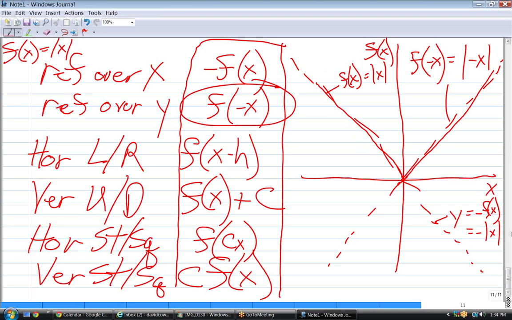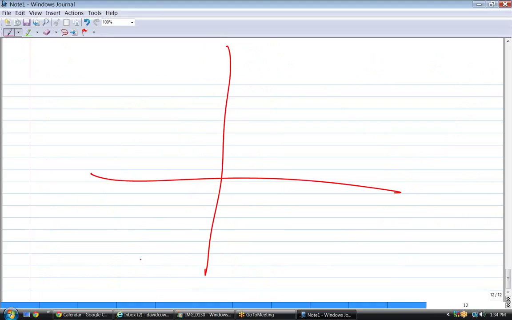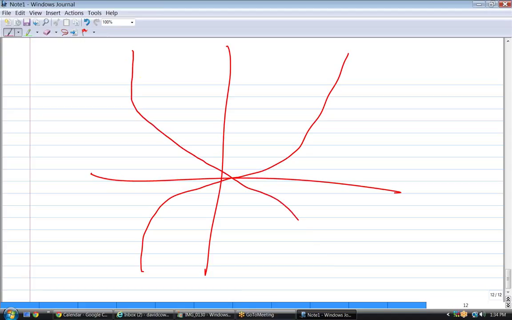Now, with other functions, it doesn't always look the same. If I give you a different function, say this function here, well, if I graph that over the y-axis, it turns into this. In other words, every point here is over here now. This point here is over to there. This point here is over to there.